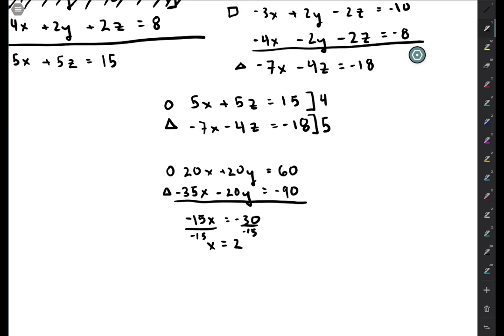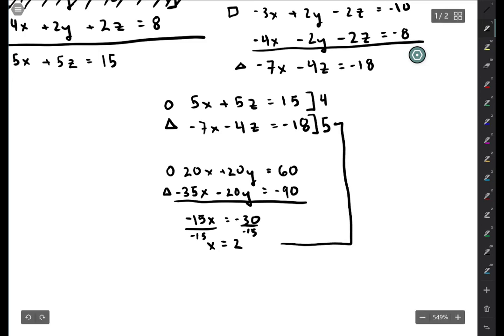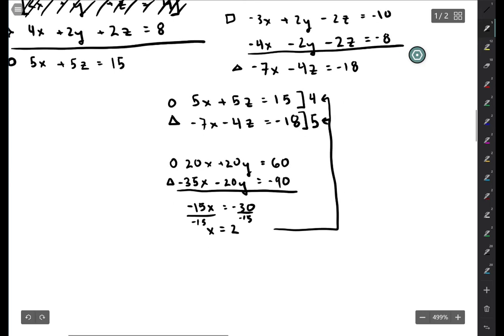Now, same idea as last problem. You can now work your way back up the chain. So you can substitute into either the original circle or triangle. I will choose triangle this time. Negative 7 times 2 is negative 14, minus 4z equals negative 18.